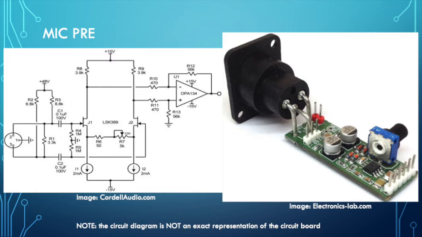So just an example, again, to show you an under the hood look at what's going on in our mic pre, which again is the first circuitry that the input hits when it comes into the mixer, because we need to get that mic level signal up to line level to be able to do anything else with it.